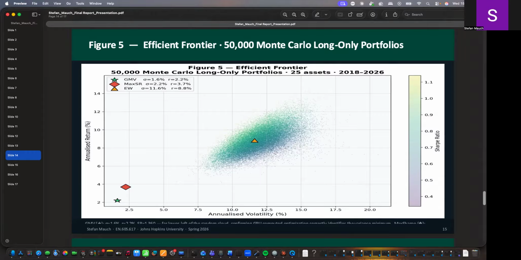And typically the GMV portfolio sits at the leftmost point of the frontier, so this is the absolute minimum variance point. And then we have those 50,000 Monte Carlo long-only portfolios simulated, to see if the results from our backtesting show our portfolio is actually in good shape and risk efficient.